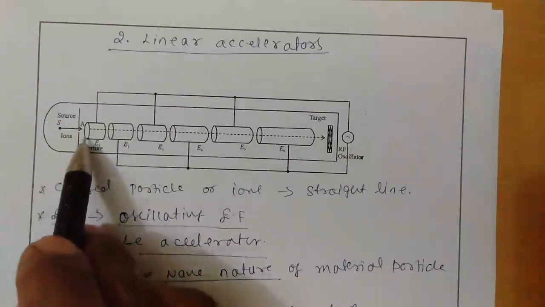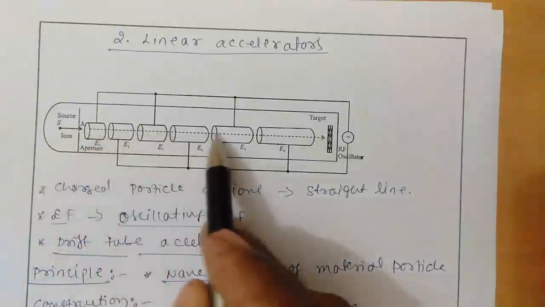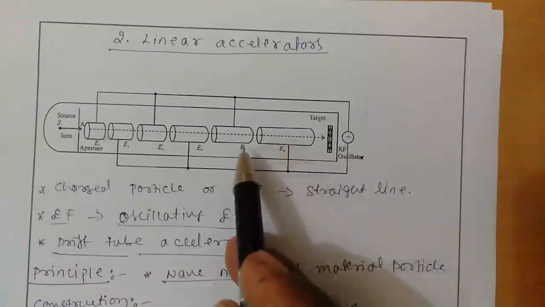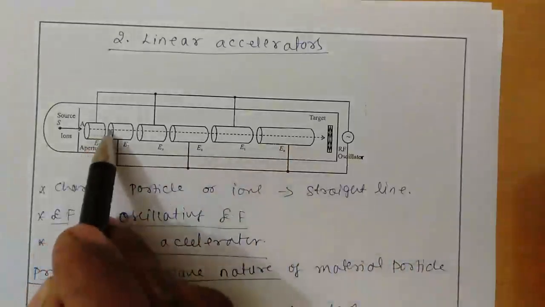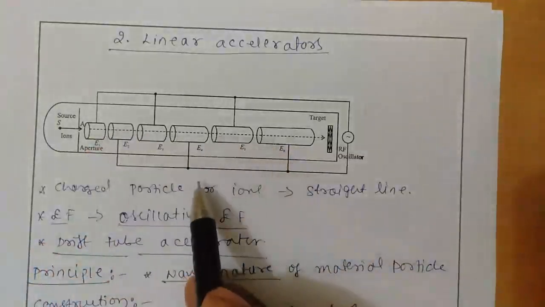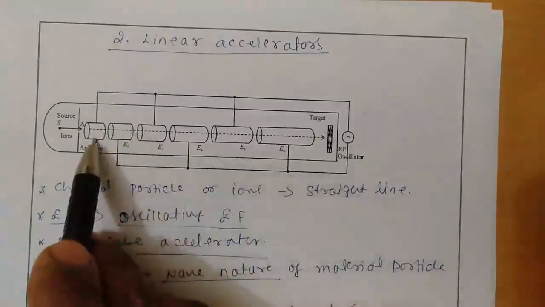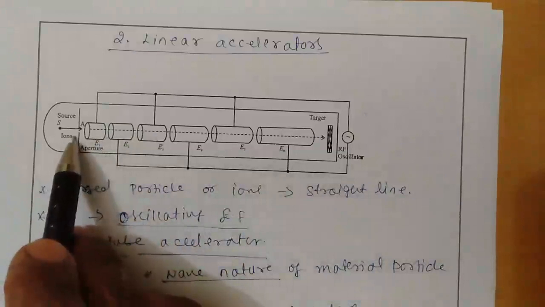So the time taken by the charged particles to travel this increasing length must be equal, such that as it comes in between the gaps of successive tubes, the polarity is changing continuously. Initially it was under negative potential with respect to the aperture.